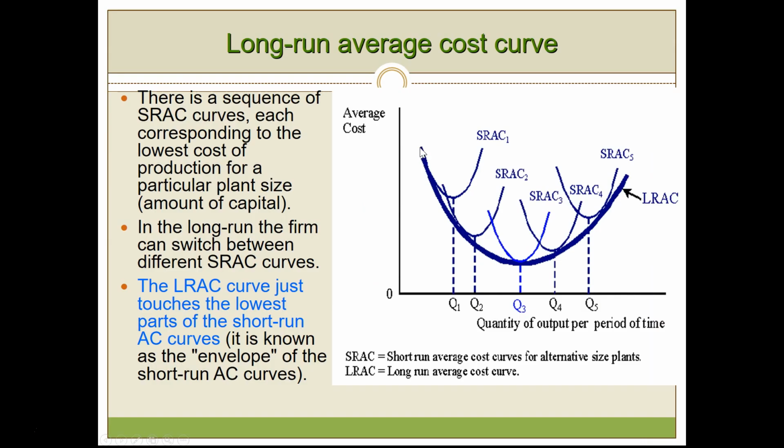Here we have 5 short-run average cost curves rather than 3, and our long-run average cost curve is just touching the lowest parts of them. It's an envelope which just touches the lowest possible segments, and the higher parts, what is located above this cost curve, is not relevant. We will never choose to operate there.